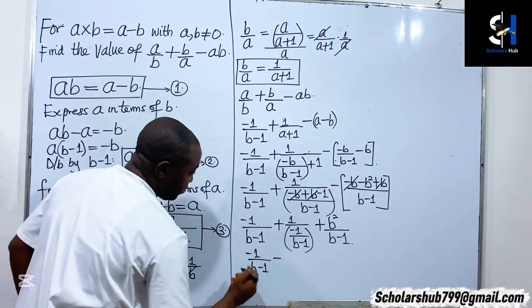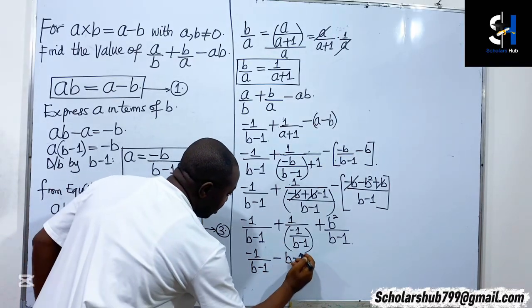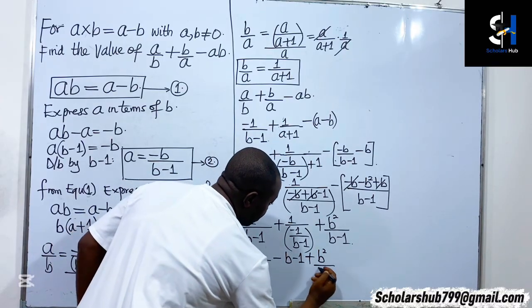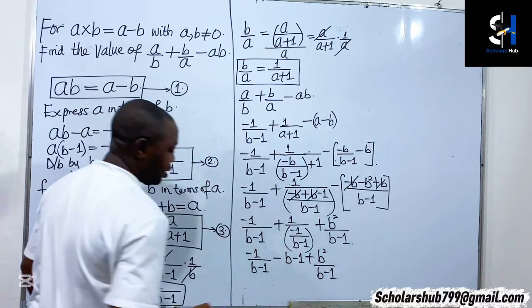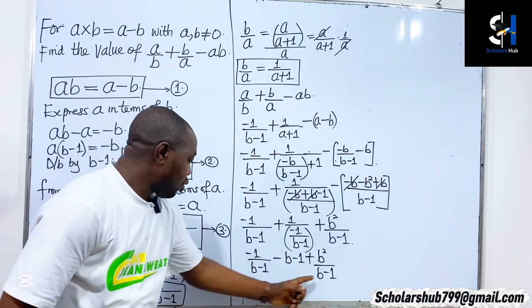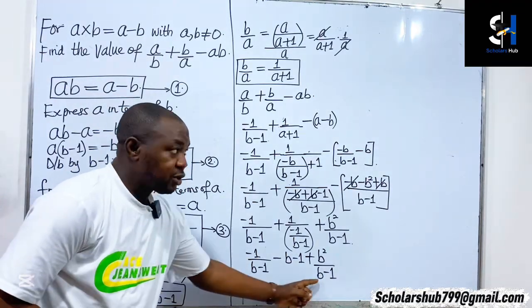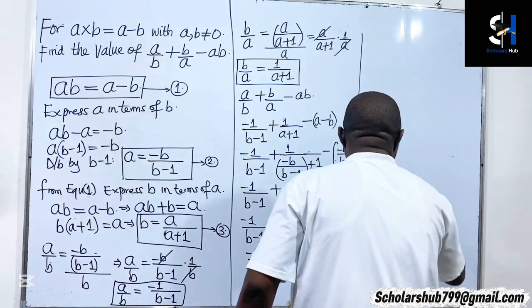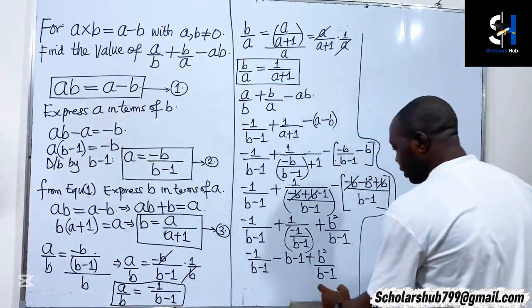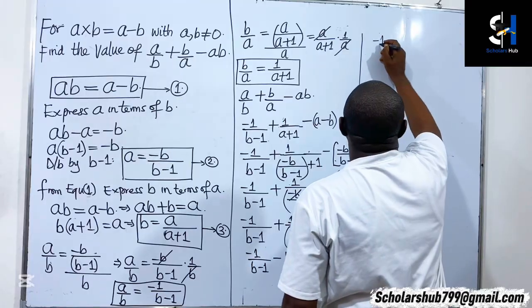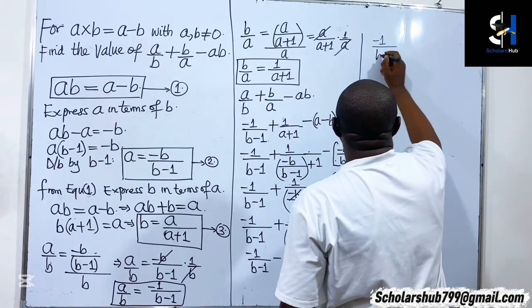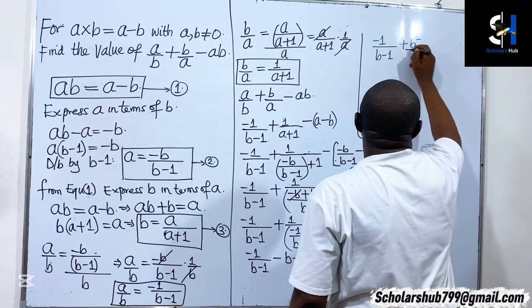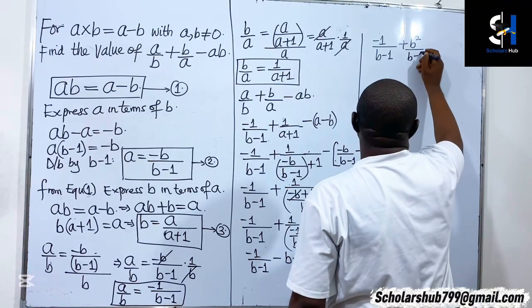This will be negative, and when we flip this, this will become b minus 1, then plus b squared over b minus 1. Now I'm going to combine those two fractions, so we have negative 1 over b minus 1 plus b squared over b minus 1.